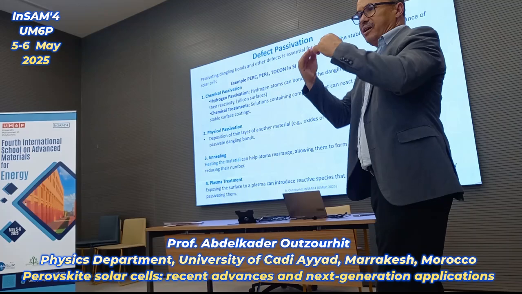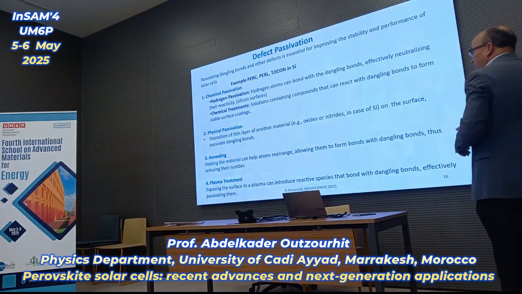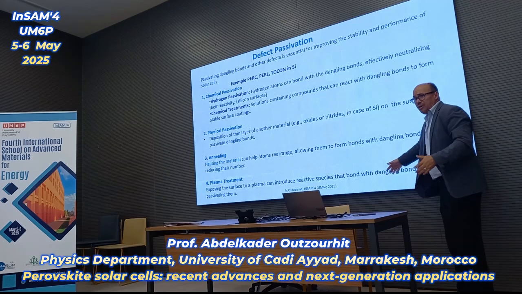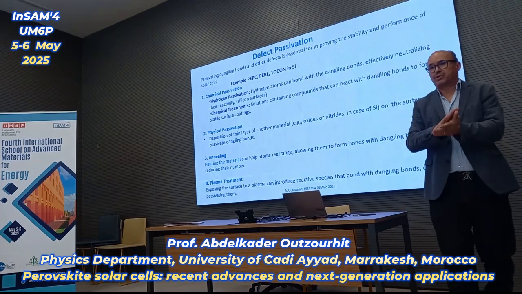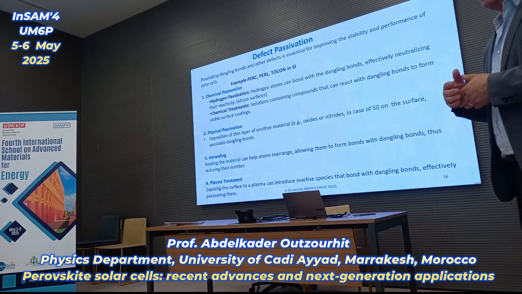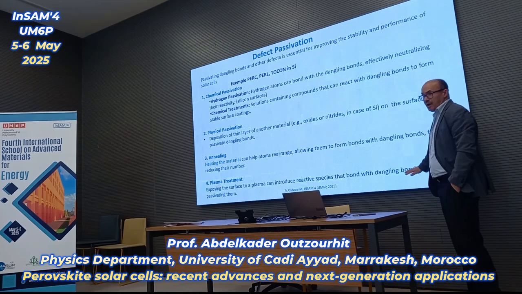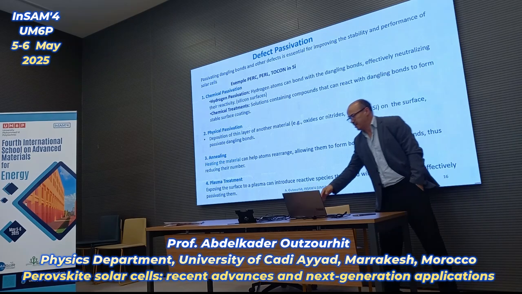Or you can do a plasma treatment also, because plasmas are very reactive. So you can introduce reactive species that will bond with those dangling bonds, and that way you can passivate.